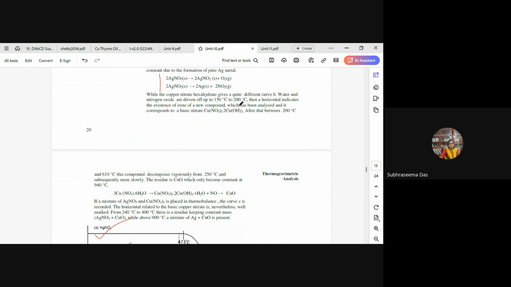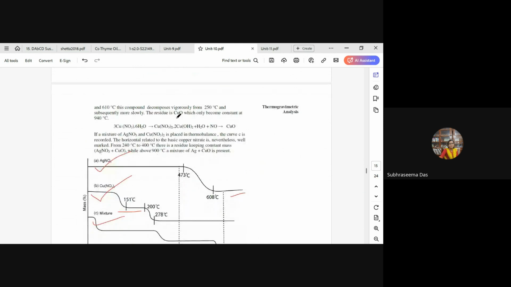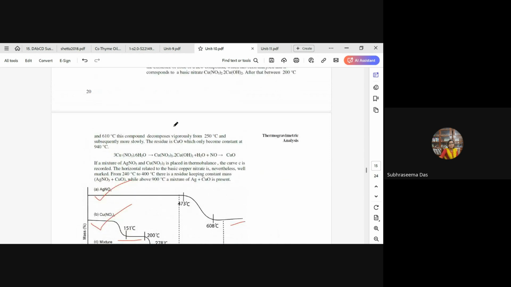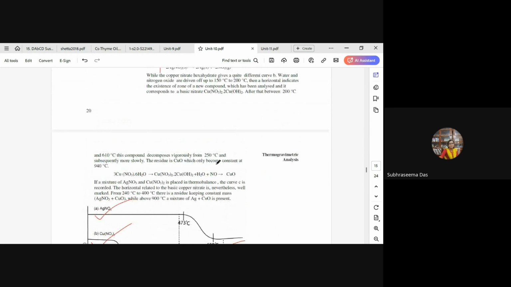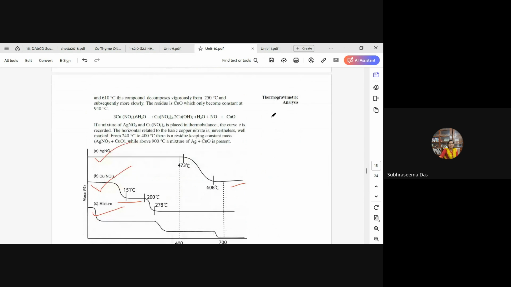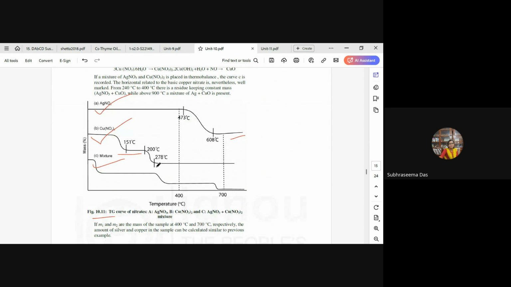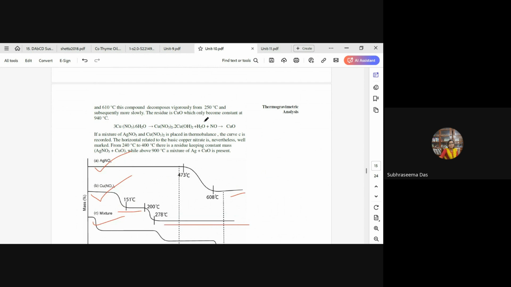Then after 200 degrees centigrade, there is a decomposition at 278 degrees centigrade, where it has been shown that this copper nitrate has been degraded to copper hydroxide. The copper hydroxide then degrades to copper oxide beyond this 278 degrees centigrade.